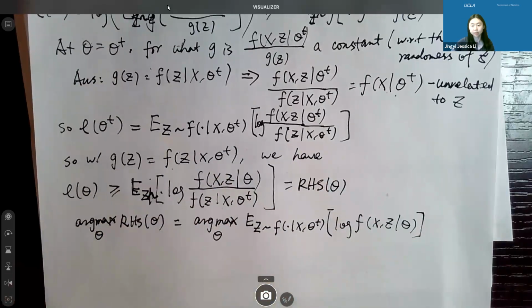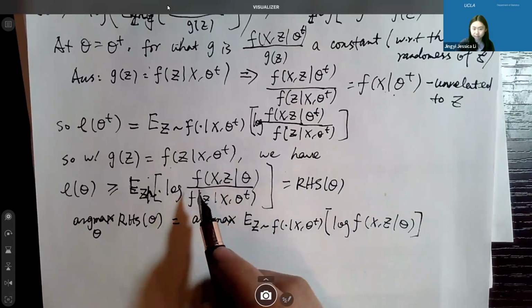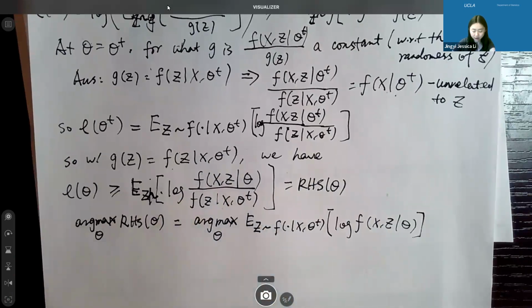Okay, that's it. Because the denominator doesn't involve theta, we can drop it. It's a log of numerator minus log of denominator, and the log of denominator has nothing to do with theta, so it's gone.